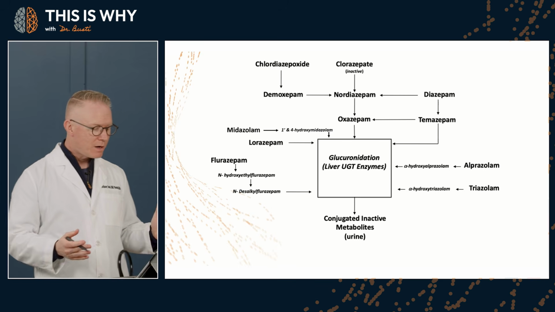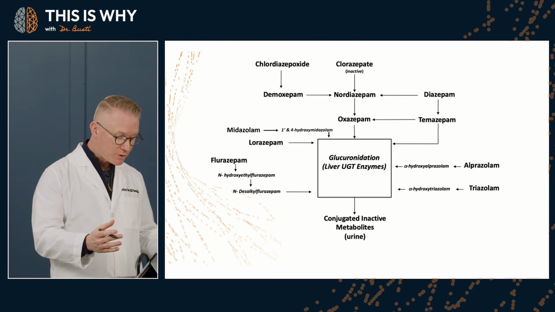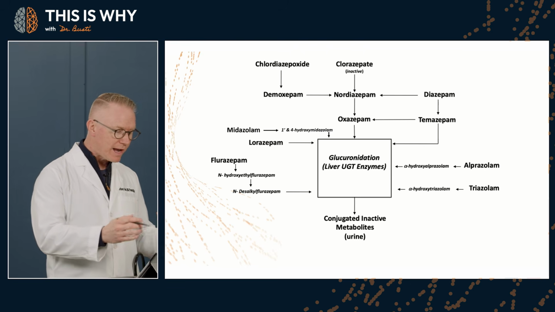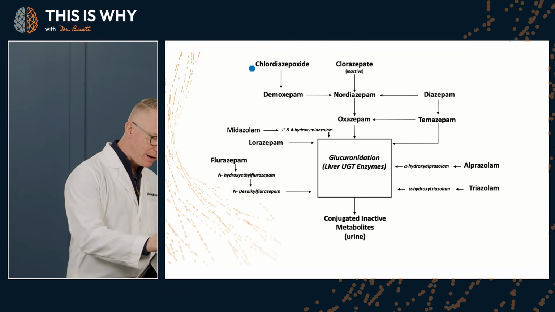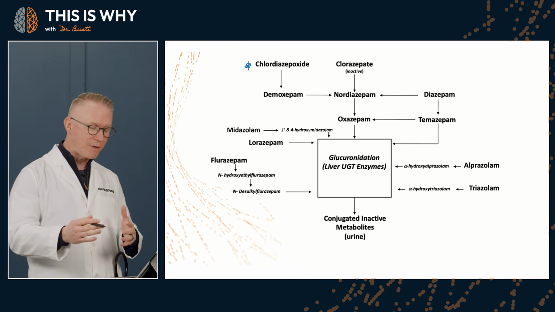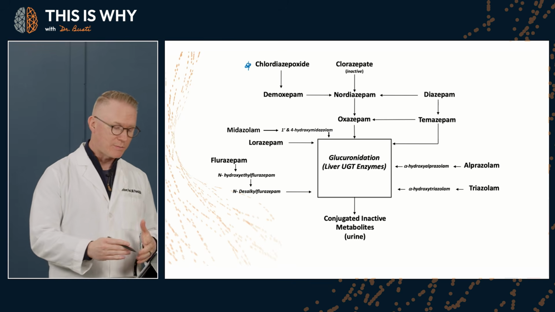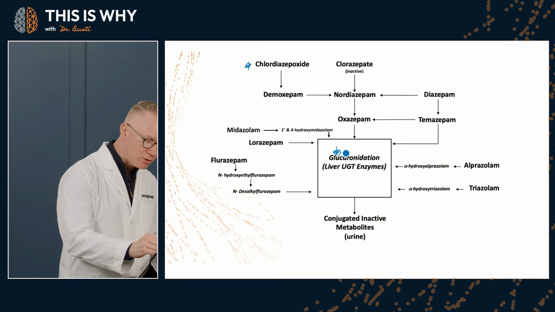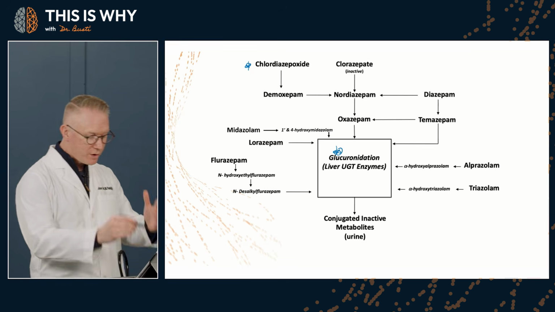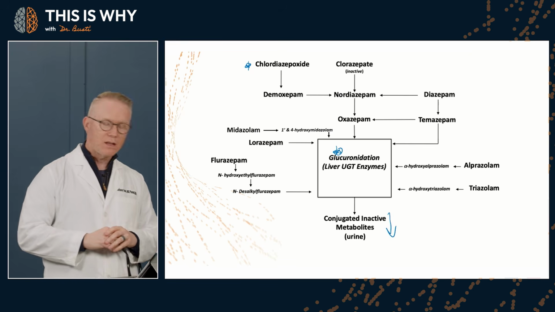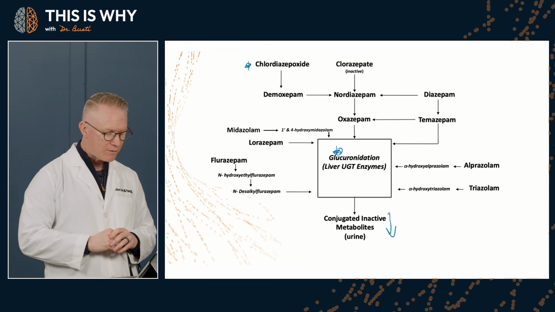What this table or this diagram is showing you is a number of agents. So we have chlordiazepoxide up here. It gets metabolized into multiple active metabolites before it ever gets to glucuronidation for then elimination in the urine as an inactive.